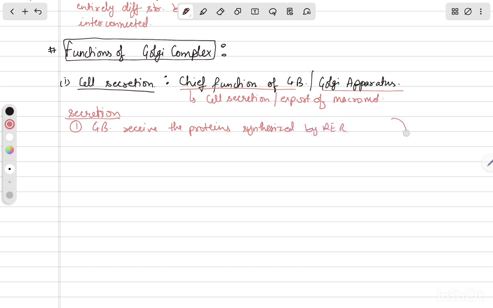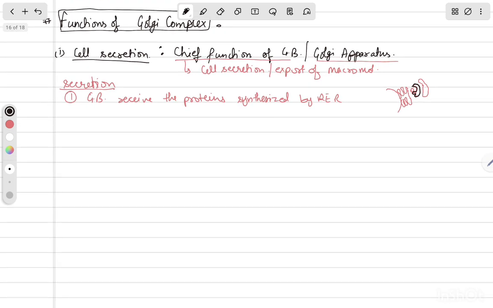Suppose this is nuclear membrane and this is endoplasmic reticulum, and Golgi body, this is cis phase of Golgi body. This endoplasmic reticulum will form proteins in the form of vesicle. This vesicle will fuse with cis phase of the Golgi body. So that is the first step of secretion.